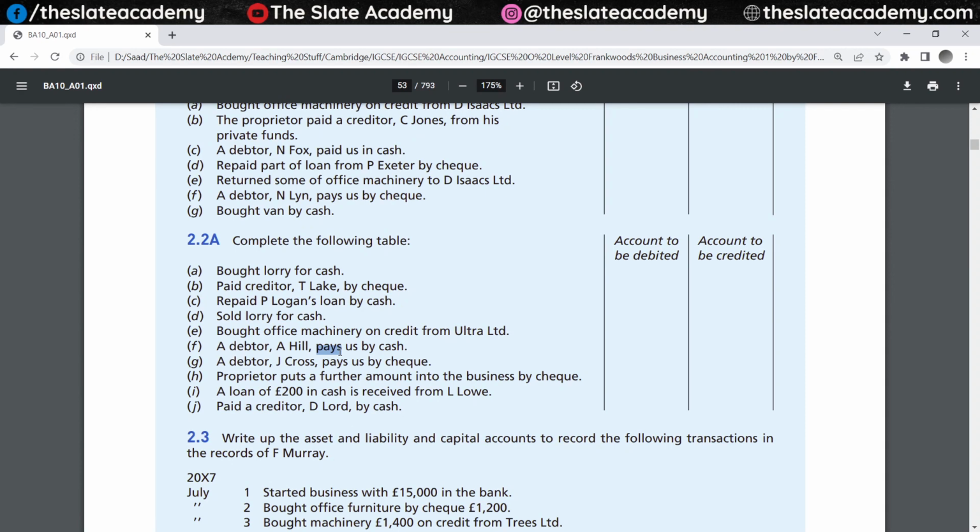Proprietor is the owner of the business, so it's going to be capital credited. Bank debit. Proprietor is the owner of the business, right? That's what proprietor means. 200 cash debit and loan credit. Perfect. Last.